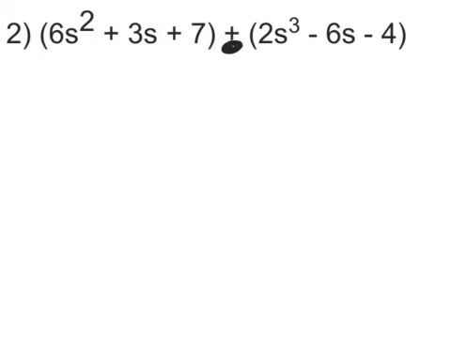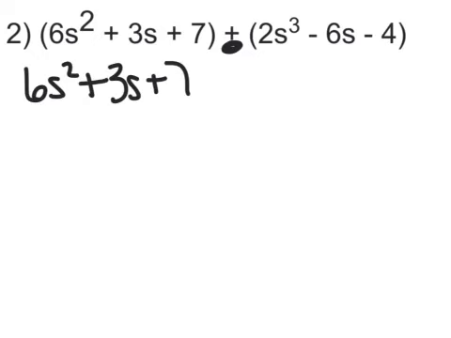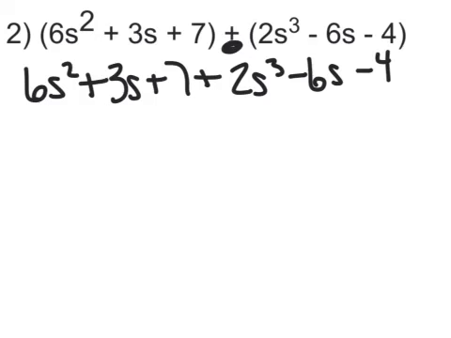So there's nothing to distribute here. If you distribute that plus sign, you're not changing anything. So we can just drop our parentheses. So we have 6s squared plus 3s plus 7. So I'm just rewriting this without parentheses, plus 2s cubed minus 6s minus 4.